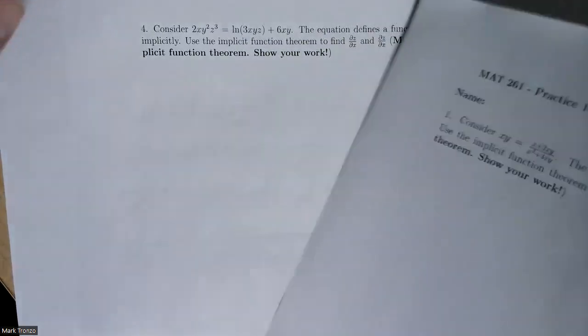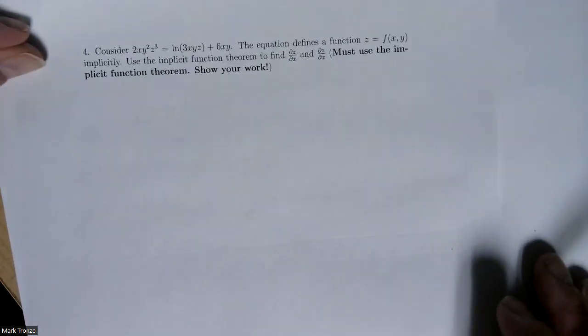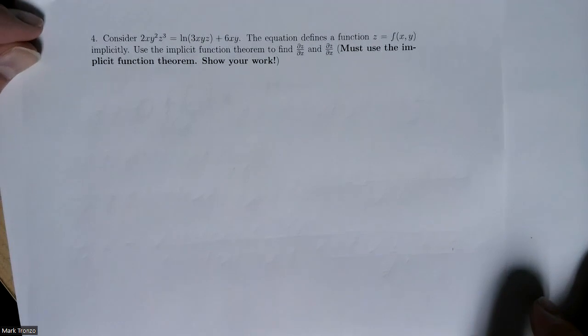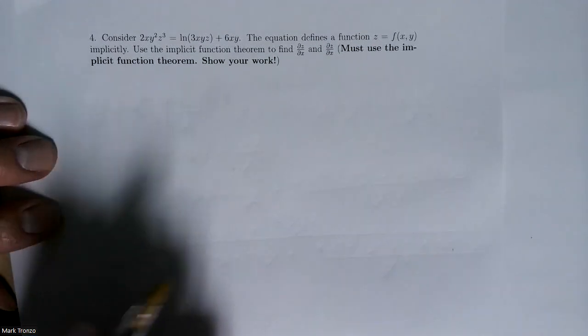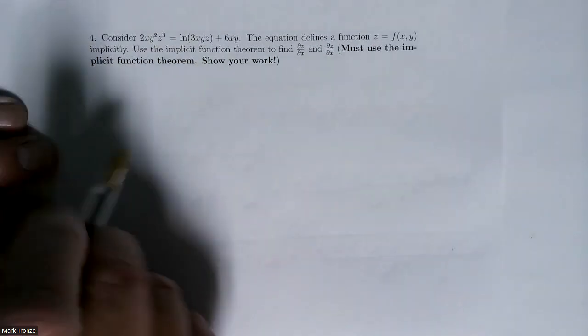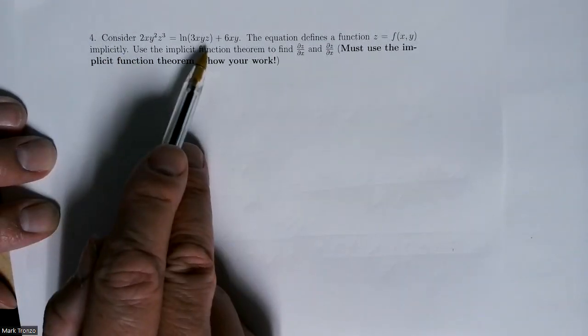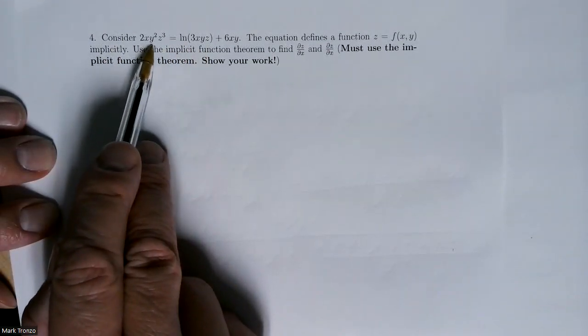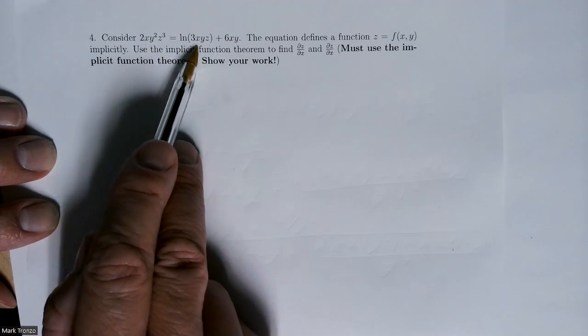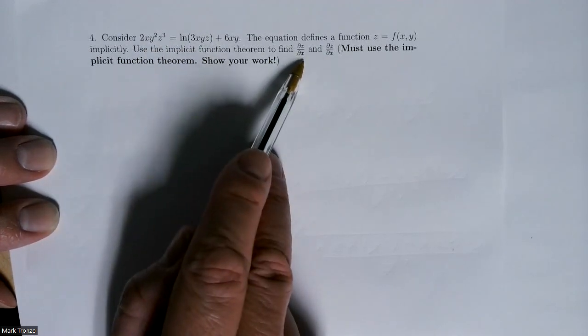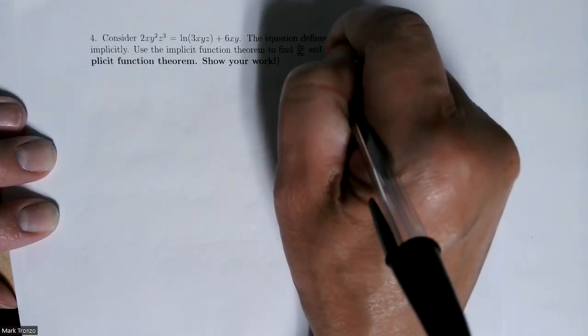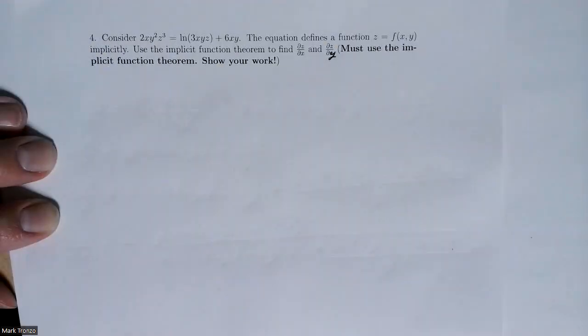Now let me do implicit differentiation with more variables. Let's do this problem here. Consider this problem, and we want the derivatives dz/dx and dz/dy, and that's a misprint.